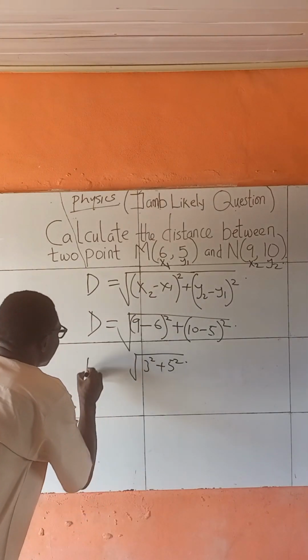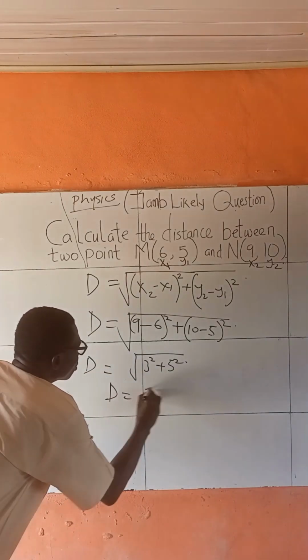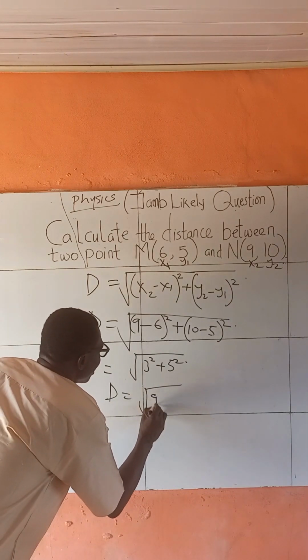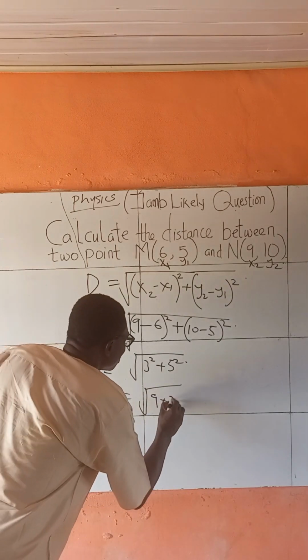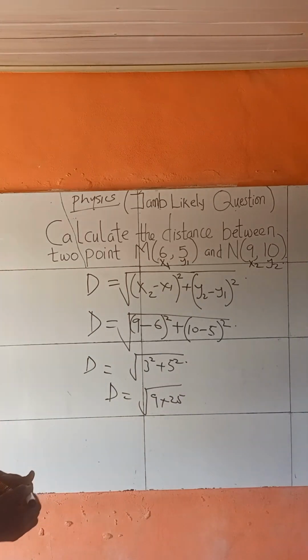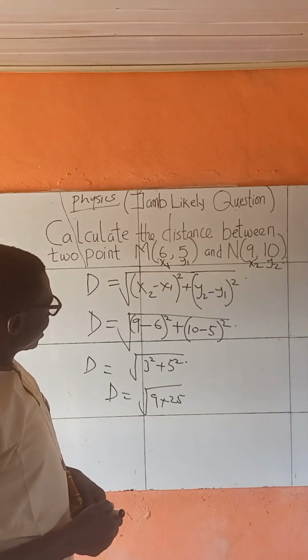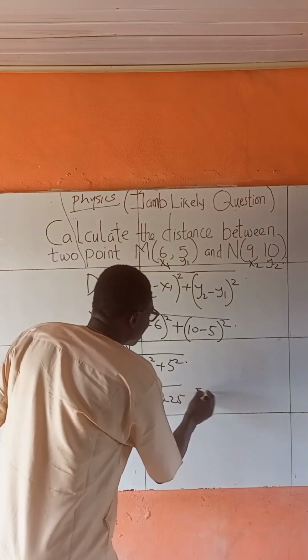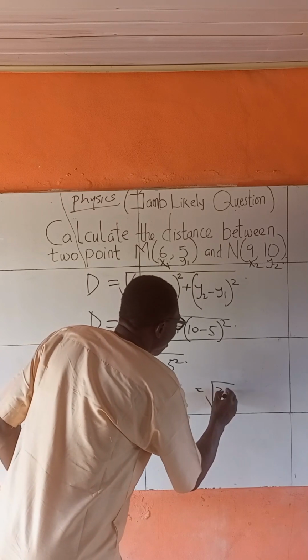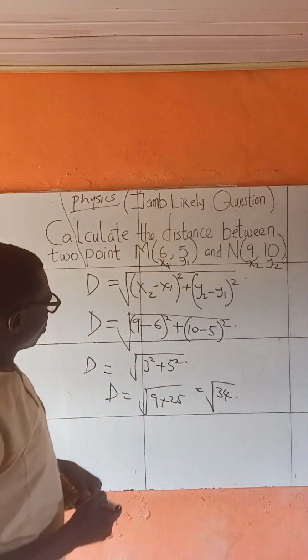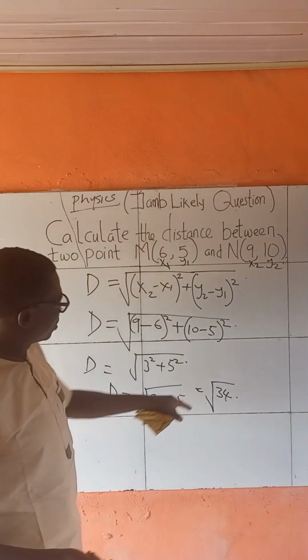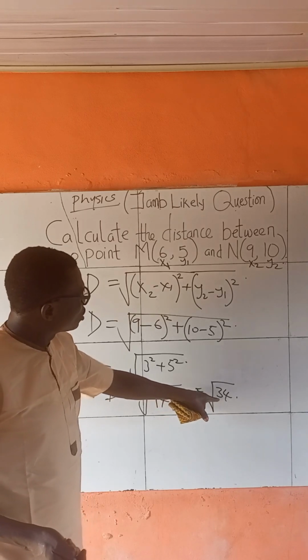So d is equal to the square root of 9 plus 25, because 5 squared is 25. And 9 plus 25 will give me the square root of 34.